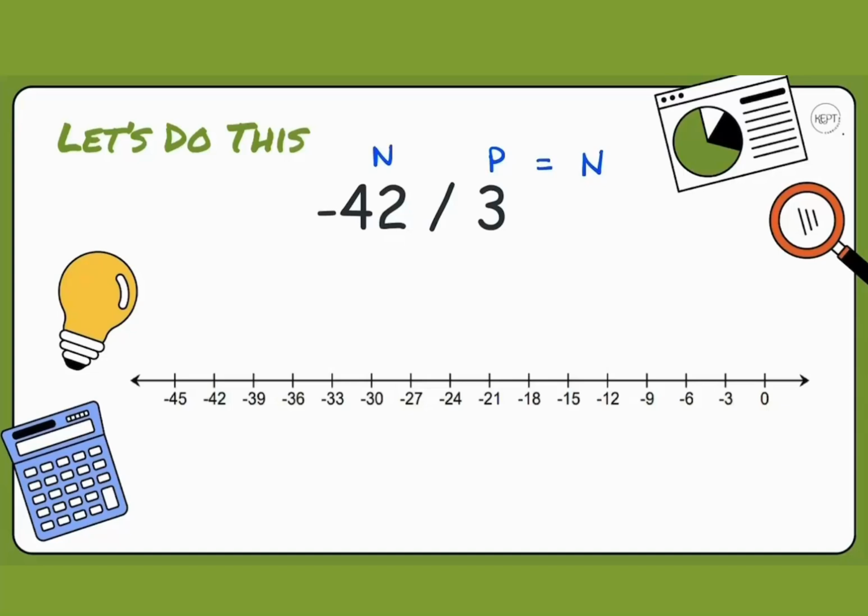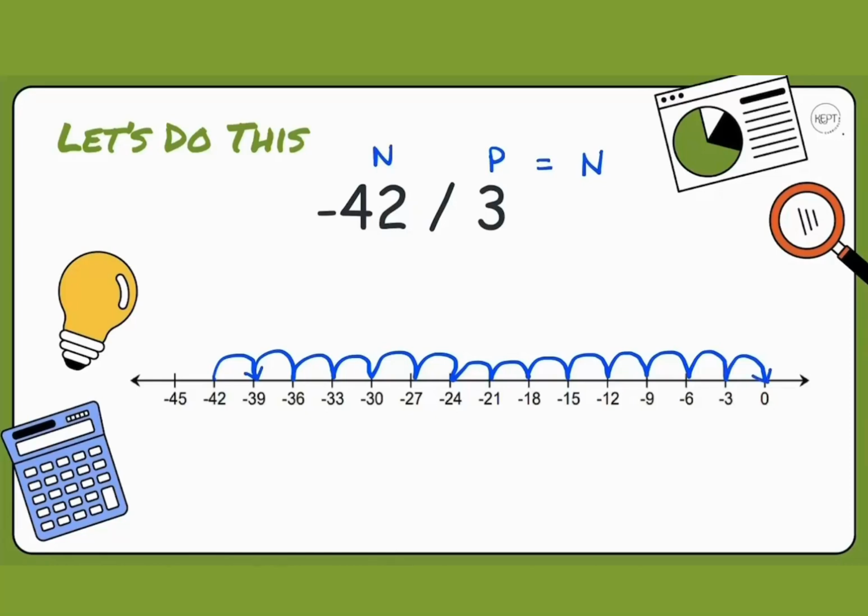And just like I've done with the other problems, I've made the number line very simple so that it is in increments of our divisor. So here we're at 42. We're going to jump 3 spaces towards 0. That's 1, 2, 3, 4, 5, 6, 7, 8, 9, 10, 11, 12, 13, 14.